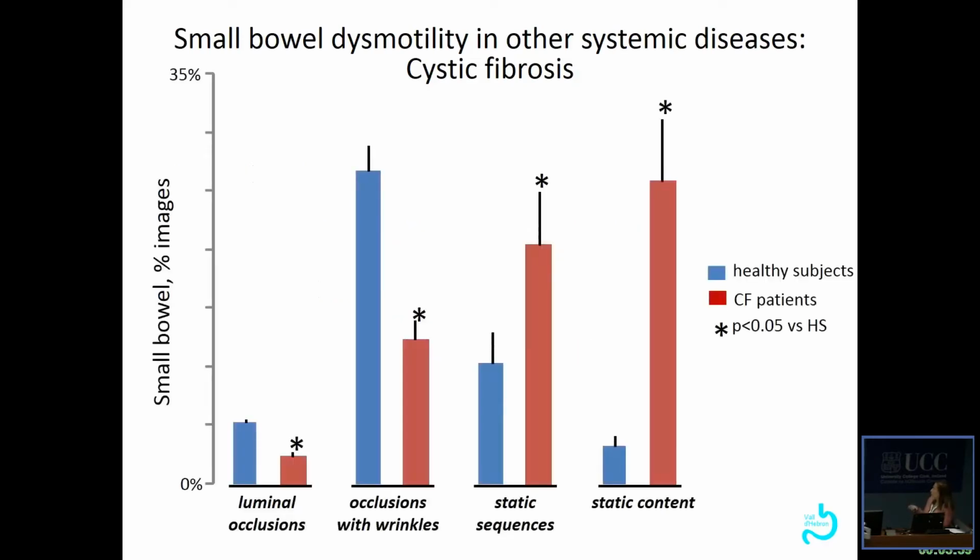We did a group of 10 patients, I think it is, and 70% of them also had hypomotility when we used our capsule. They had less luminal occlusions, less wrinkles in their bowels and in their contractions. They had more static sequences, and they also had an important retention of static intestinal content inside their intestines. So here we demonstrated that there is small bowel dysmotility in these patients, which I insist had not been previously seen.